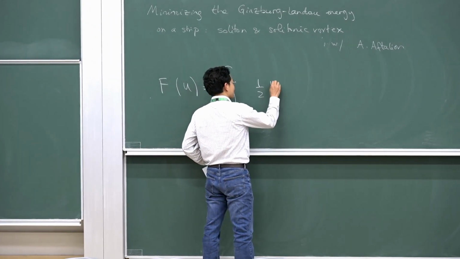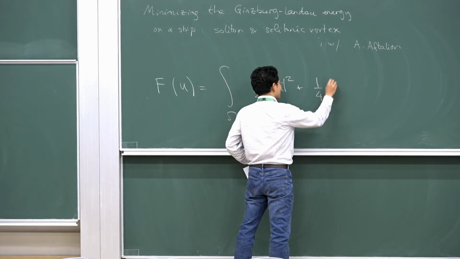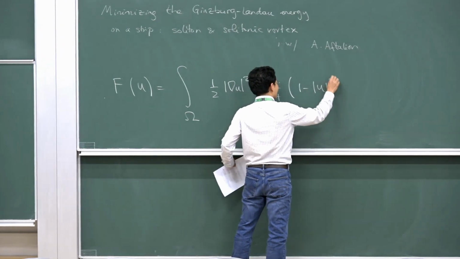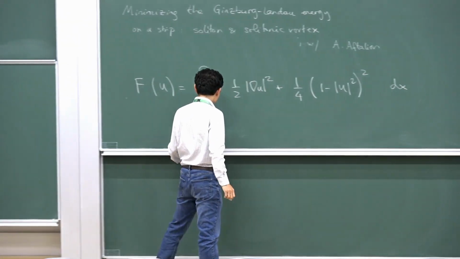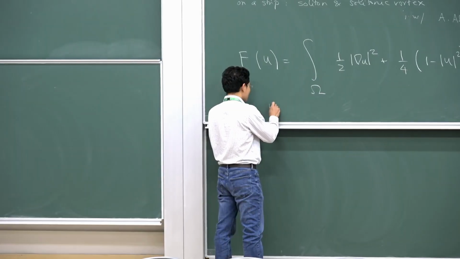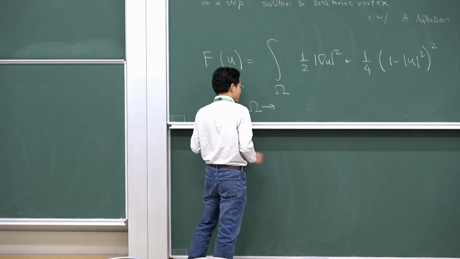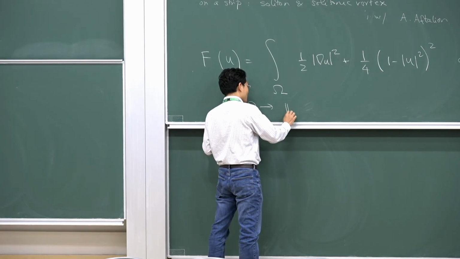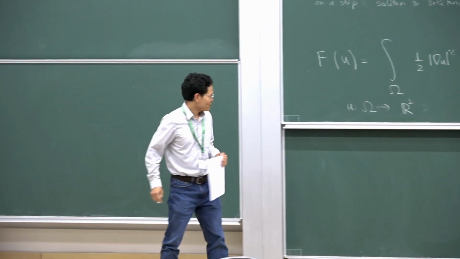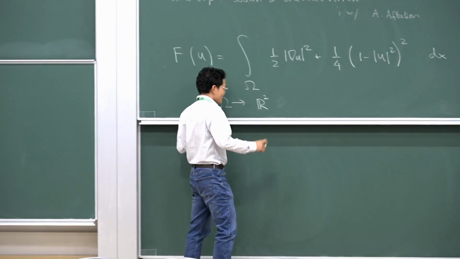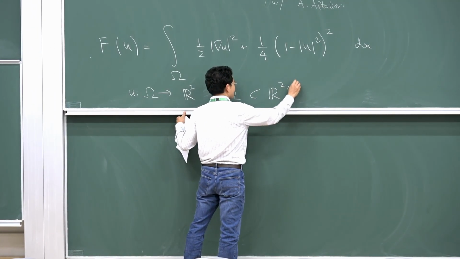I would just take the one that many of you are familiar with, with the term 1 minus u squared dx, where u will be a function from omega into the complex plane, but I'm a real person, so instead of working with C, I work with R2. And omega is sitting in either 2 or 3 dimensions.